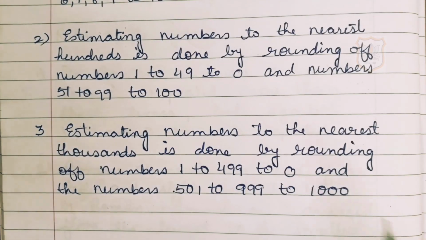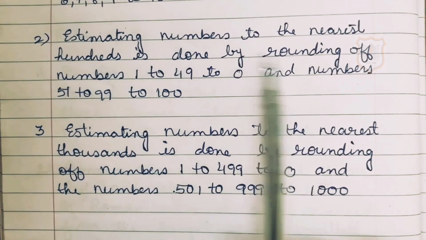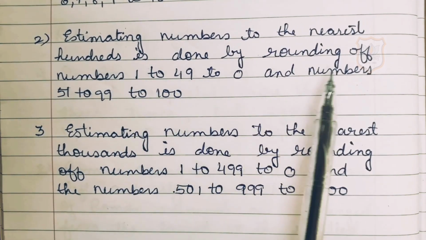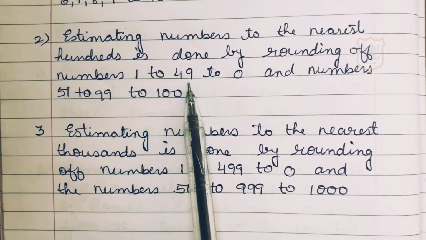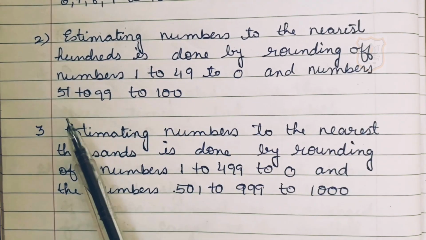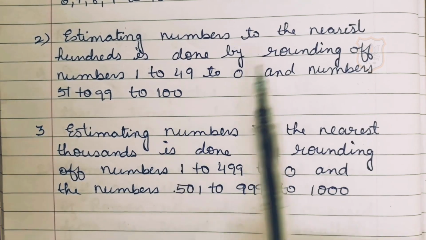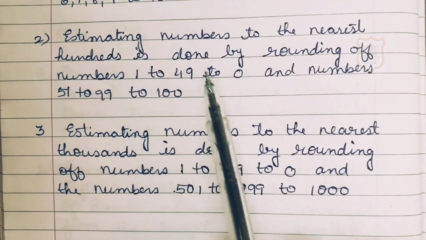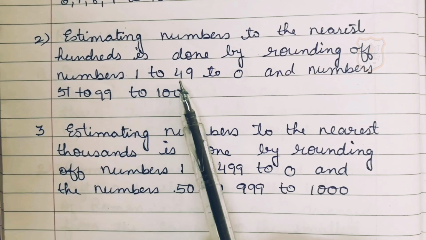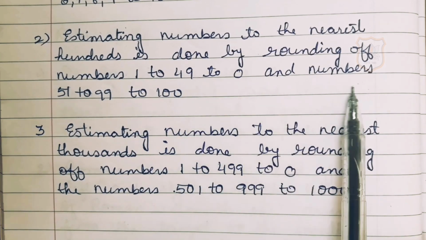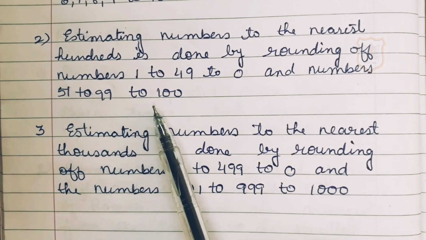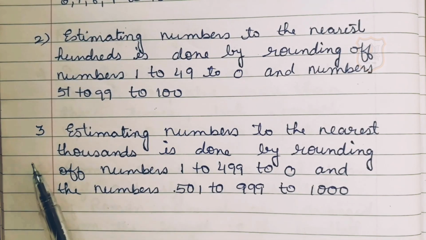Rule number 2. Estimating numbers to the nearest 100 is done by rounding off numbers 1 to 49 to 0 and the numbers 51 to 99 to 100. Now if we have to estimate the numbers to the nearest 100, then the numbers from 1 to 49 will be written as 0 and the numbers from 51 to 99 will be written as 100. Rule number 3.